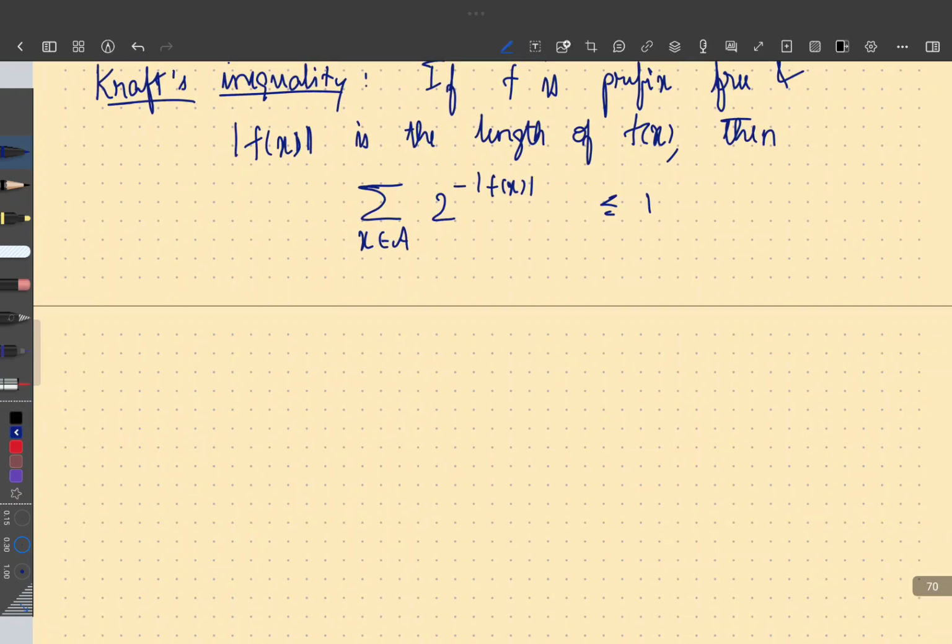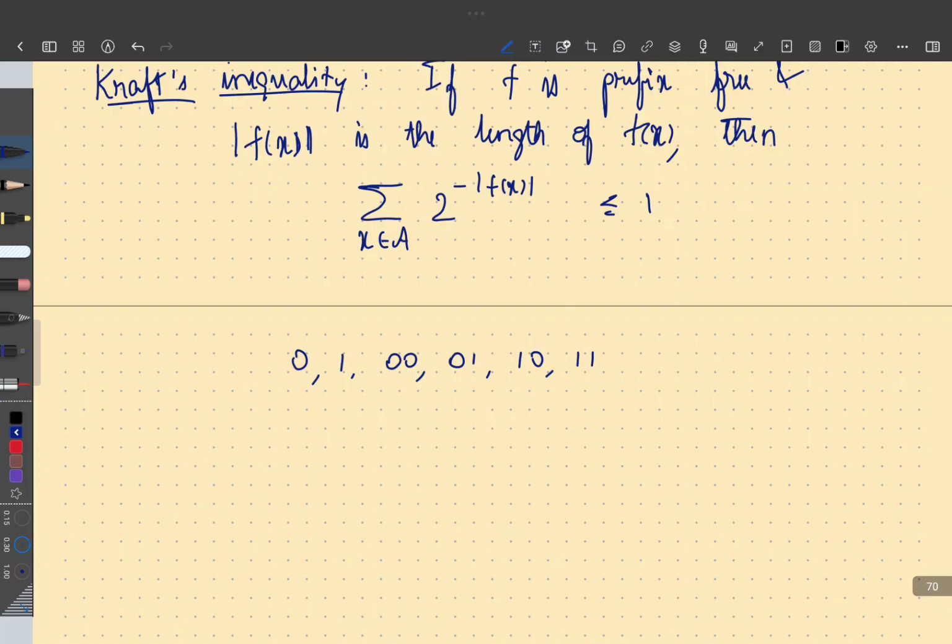Okay, so let's consider the set of all possible strings of length at most, say, 2: 0, 1, 00, 01, 10, 11.